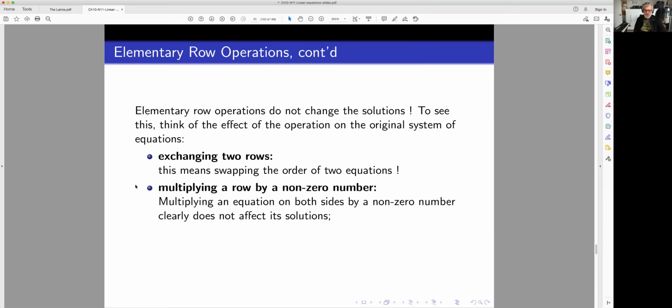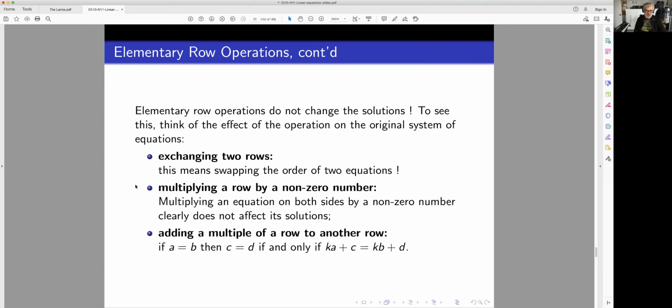The last one is the only one which is not so obvious. The simplest way I can say it is this. You're playing with two equations. Suppose the first one is A equals B and the second one is C equals D, and I'm adding a multiple of the first equation to the second one.